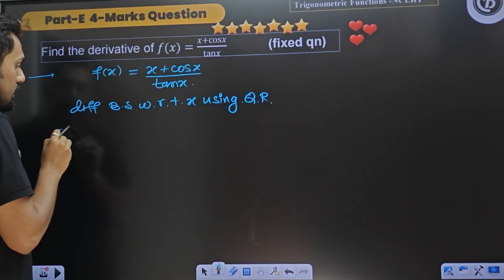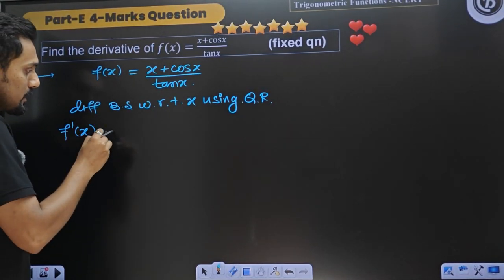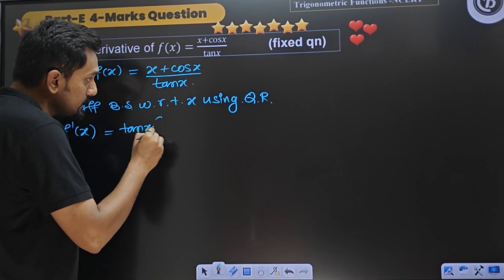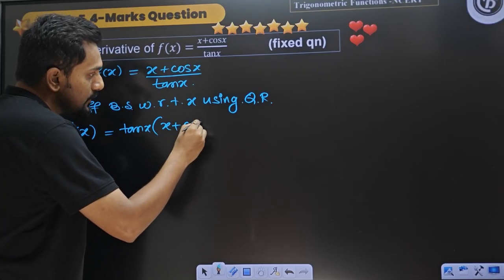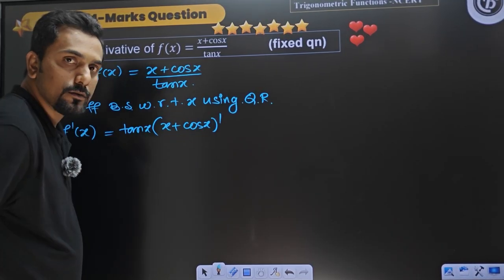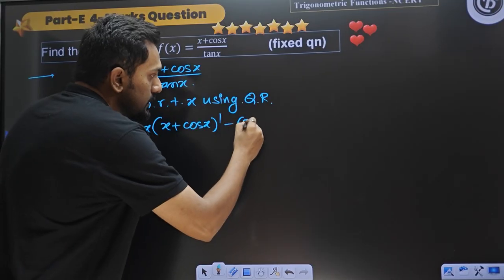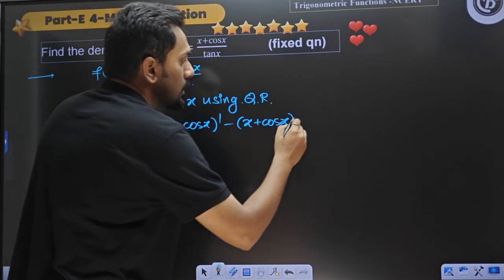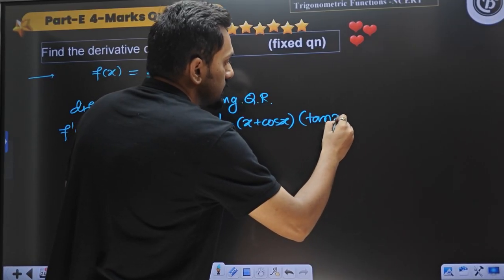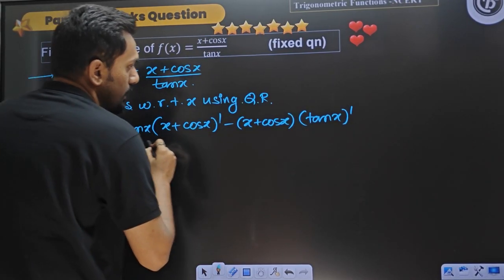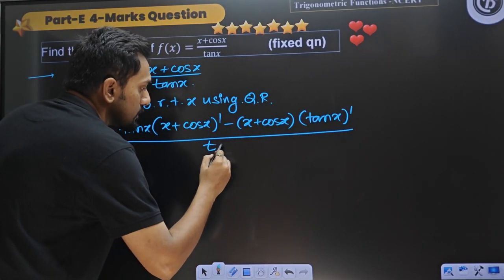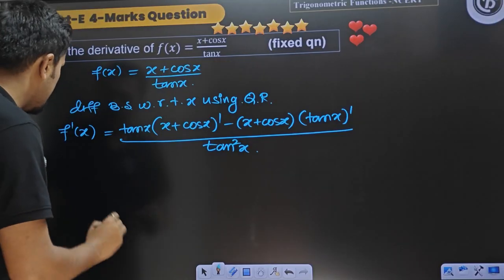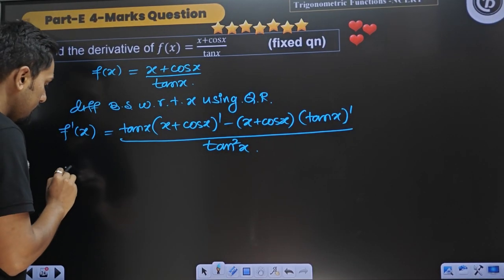What does the quotient rule say? f dash of x becomes equals to denominator as it is, that is tan x as it is, into the derivative of the numerator x plus cos x derivative, minus x plus cos x as it is into the derivative of the denominator tan x, divided by the square of the denominator, tan square x. Correct? Then after applying the rule we must differentiate.